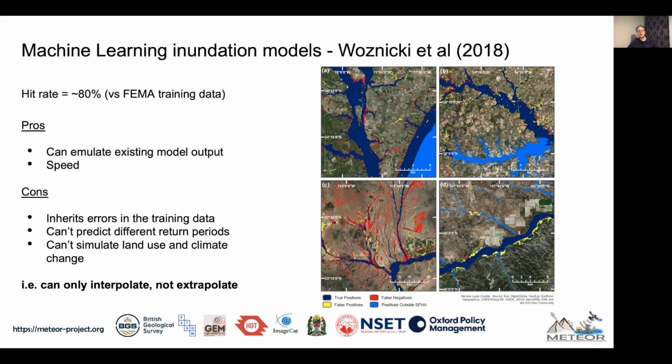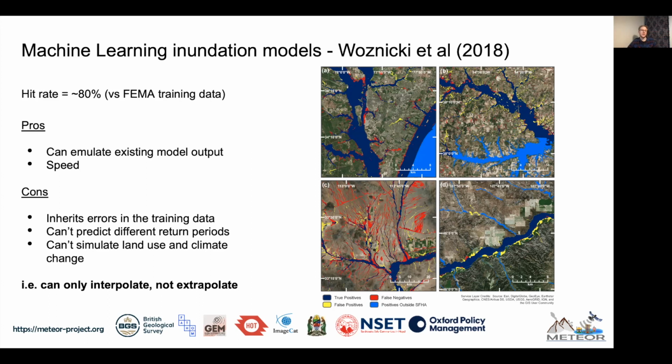The issue is that it cannot extrapolate beyond the training data set. So this model is trained on the FEMA 100-year data. Now it can fill in gaps in that FEMA 100-year data, but it cannot be used to simulate a 500-year flood or a 5-year flood.